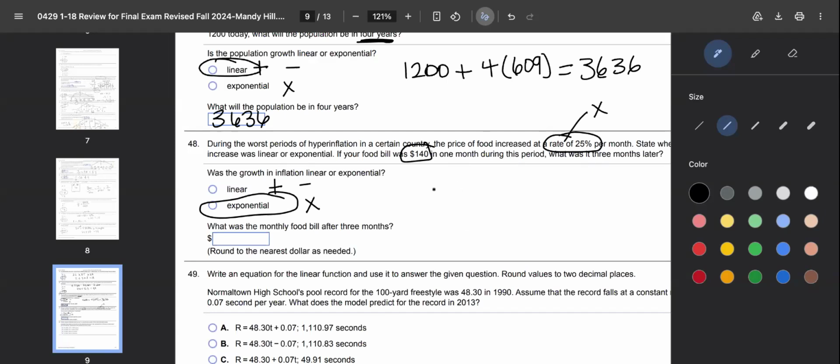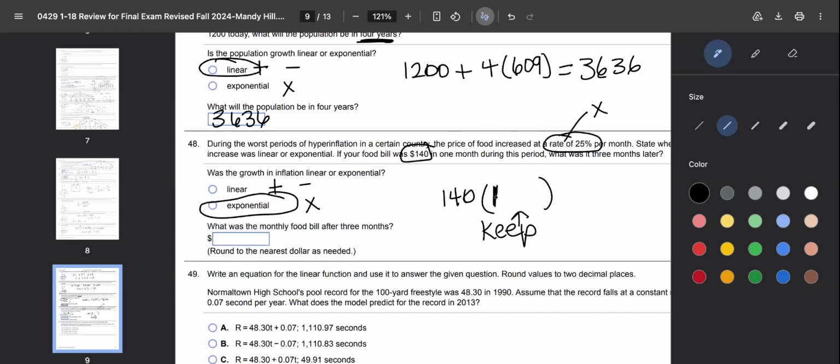Okay, so to calculate this, you're going to put what you started with. Then you're going to put what you keep right here. Okay, you always put what you keep. So if the price of the food increased at a rate of 25%, I'm not just keeping the 25%, I'm keeping 100%.